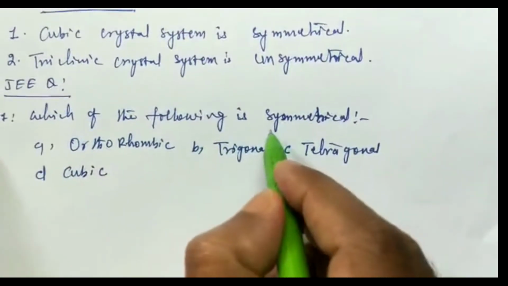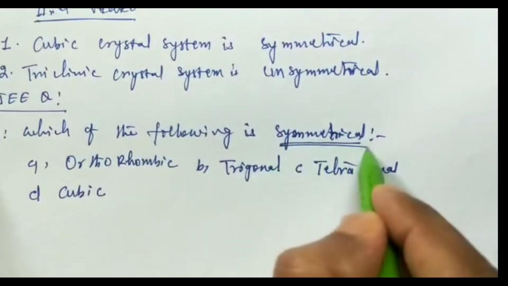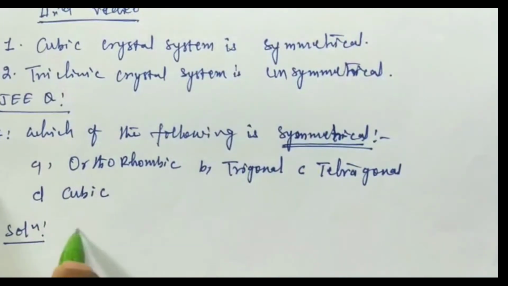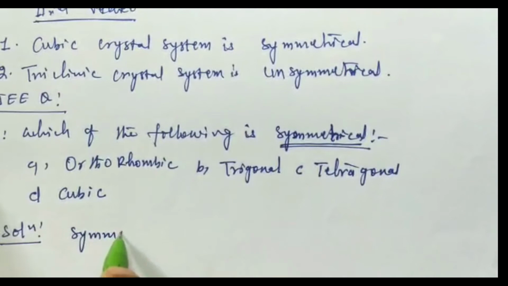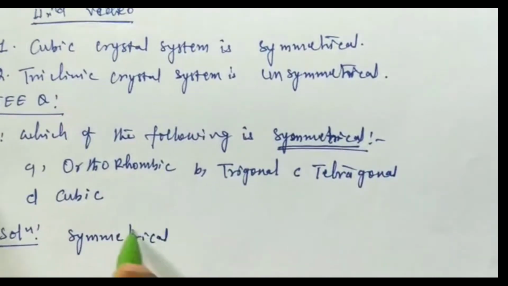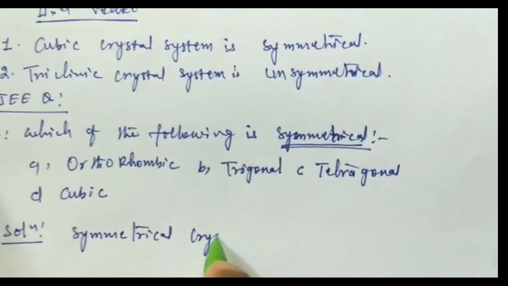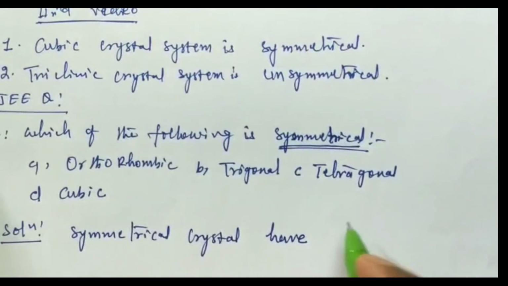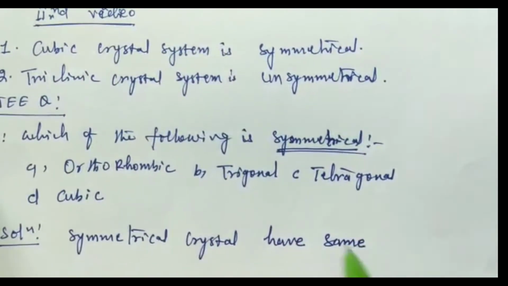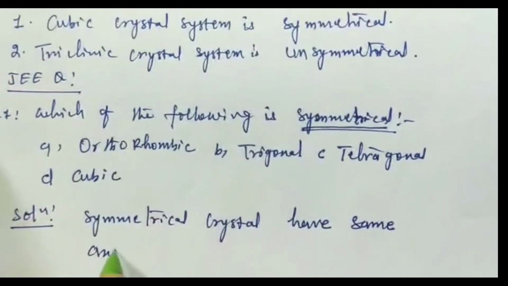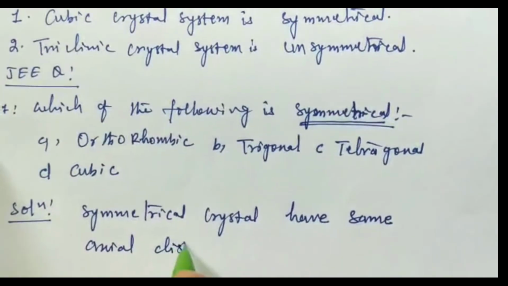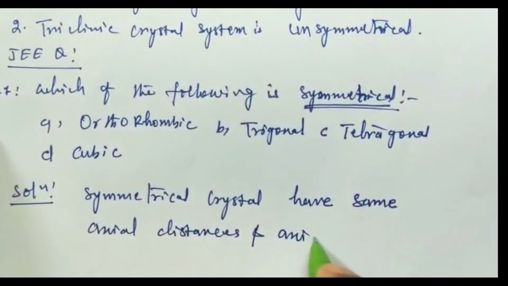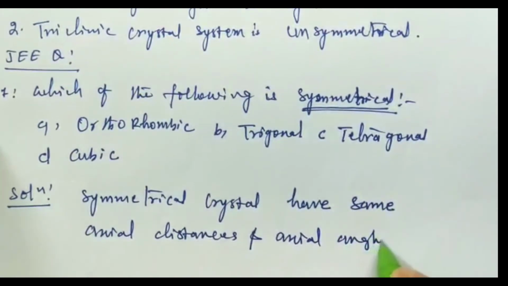So what they are asking is the symmetrical unit system. The solution is: a symmetrical crystal has the same axial distances and axial angles.